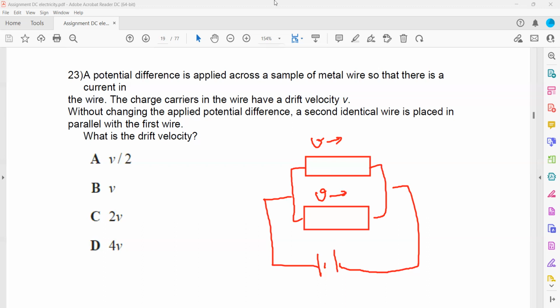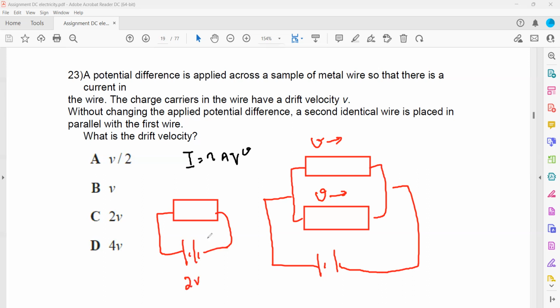So look, the formula, the transport equation, that is I equals nAqv. Now when we connect, for example, here the total current, when it was a single resistor connected to the same battery.